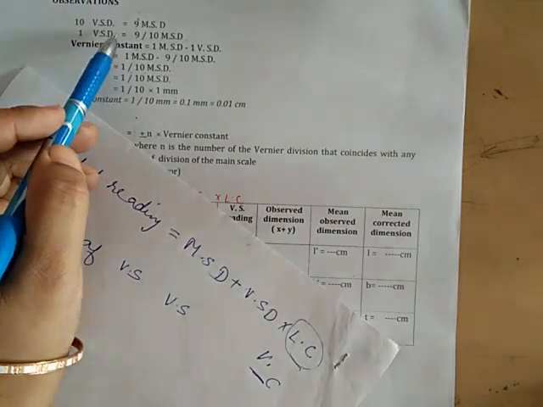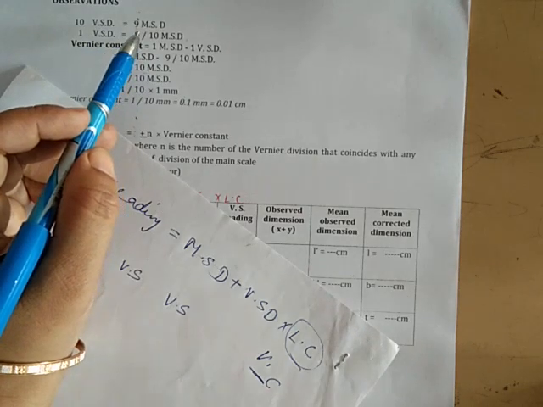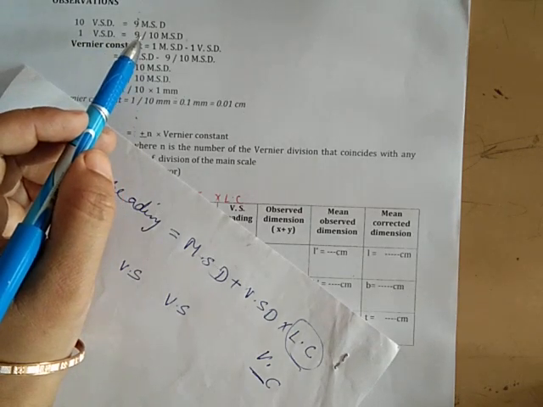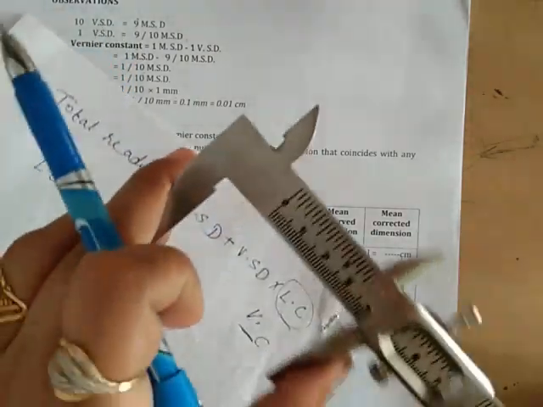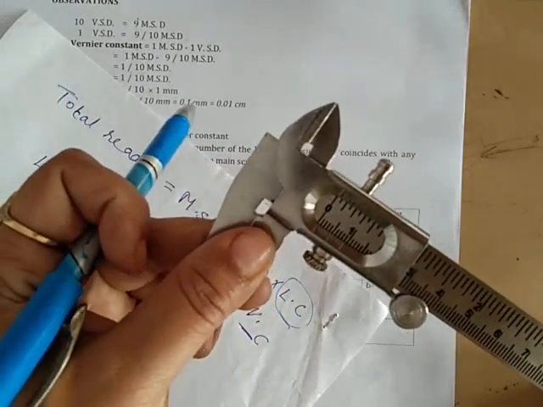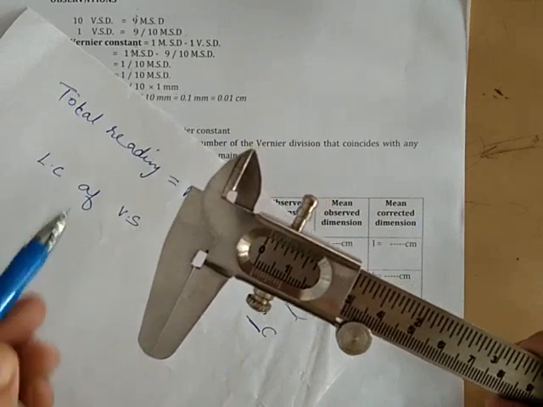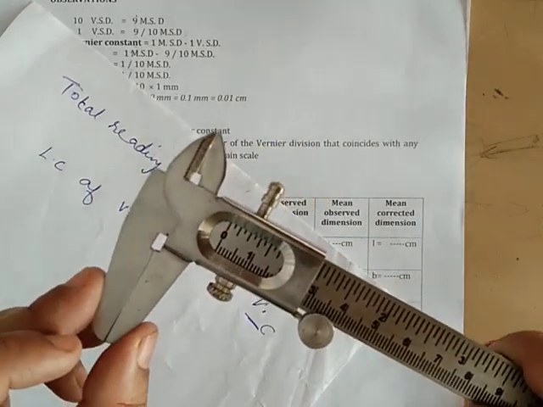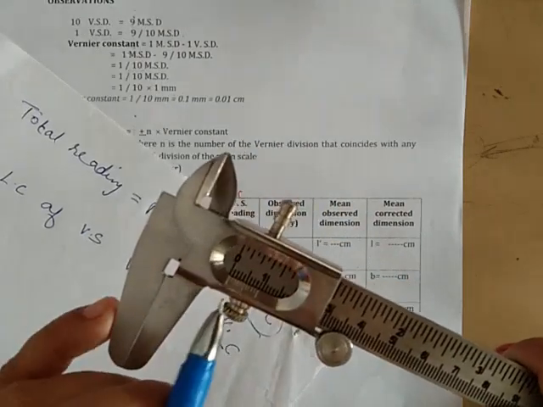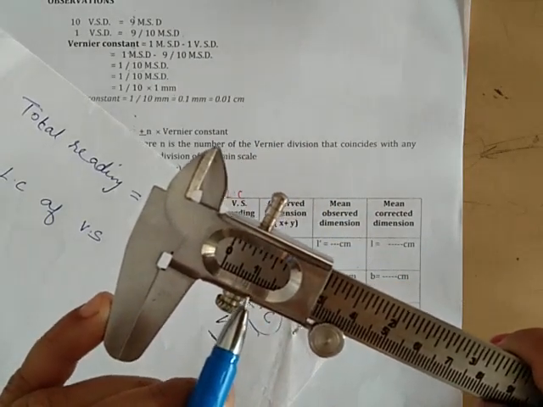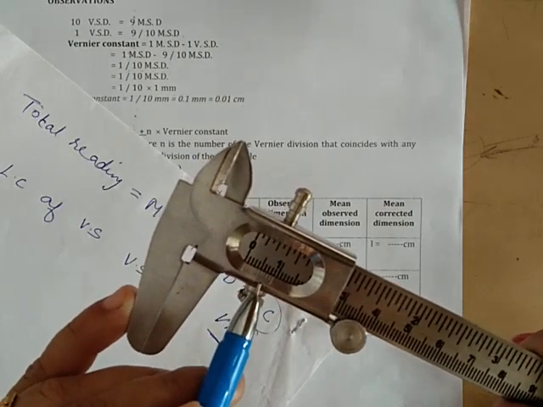10 vernier scale division is equal to 9 main scale division. To determine the least count of given vernier caliper, bring outer measuring jaws together. You can see 10 vernier scale division is equal to 9 main scale division.